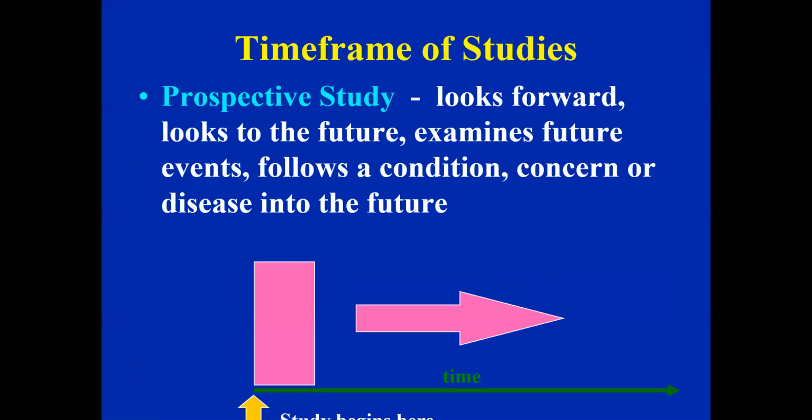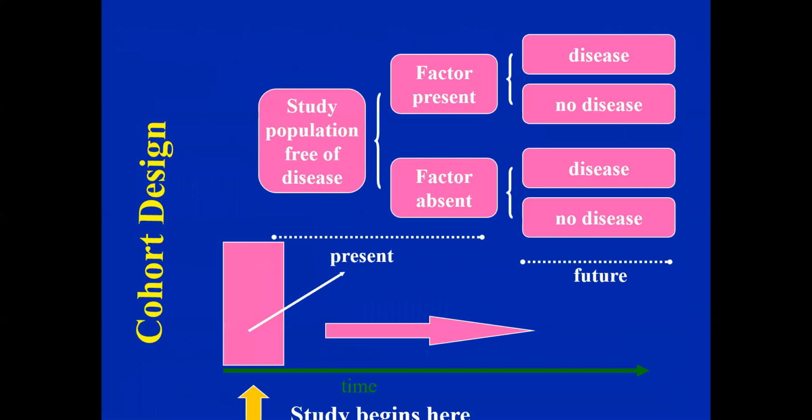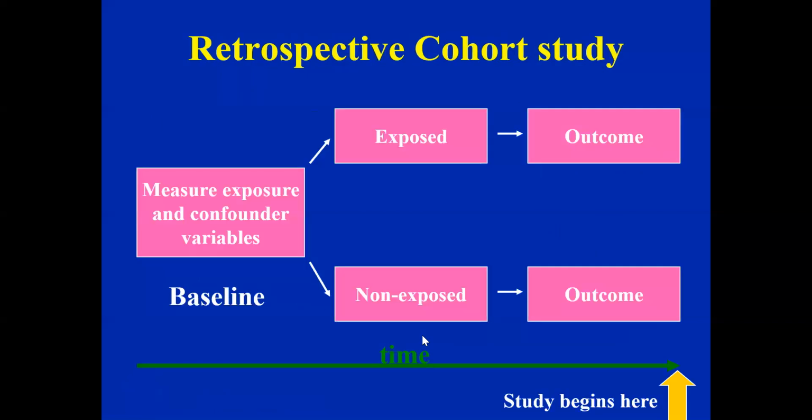Or you can have a retrospective cohort. In terms of retrospective, you have your exposures, and then you classify your participants according to exposures. Then you look back to see whether they developed the disease. So it just depends how we are doing your study.